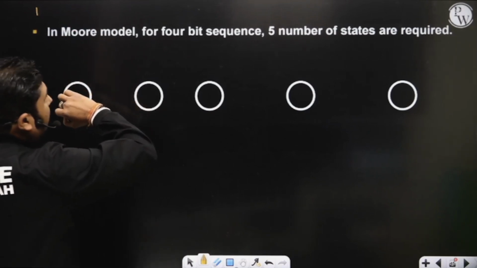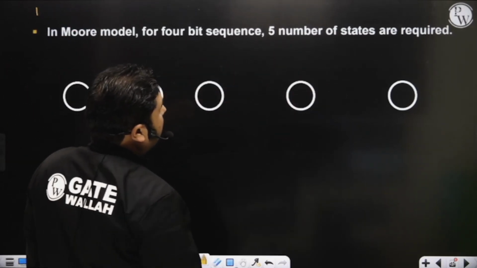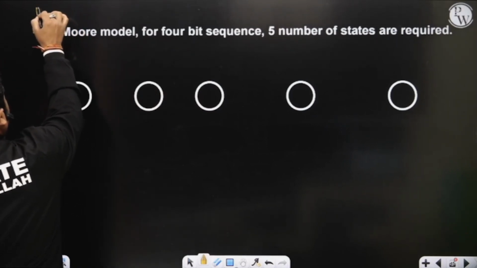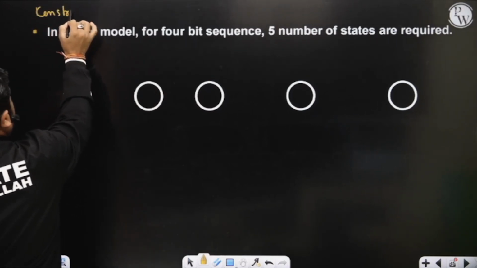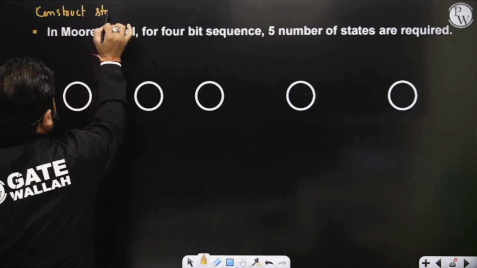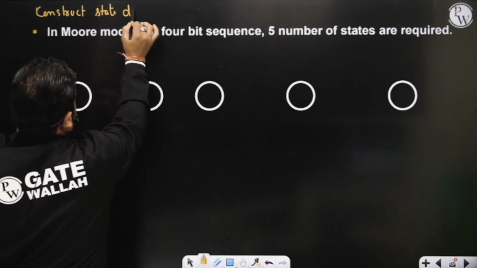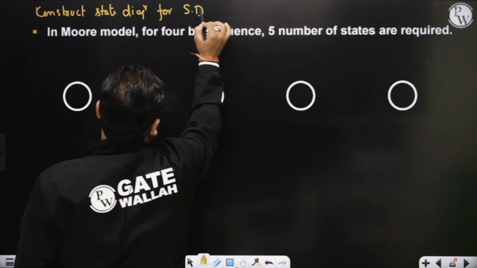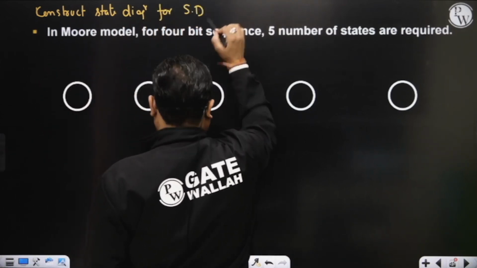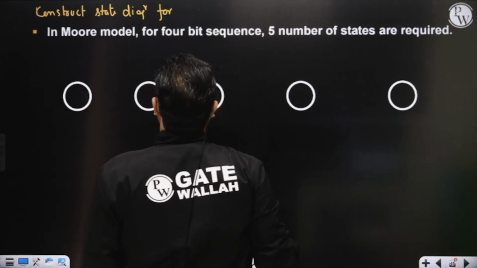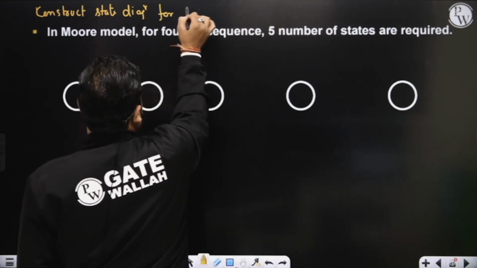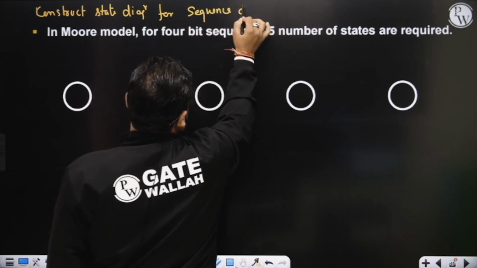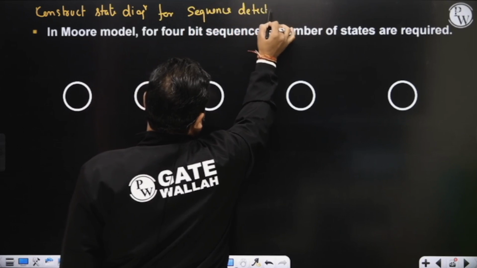In a Moore model for a 4-bit sequence, construct a state diagram for the sequence detector.